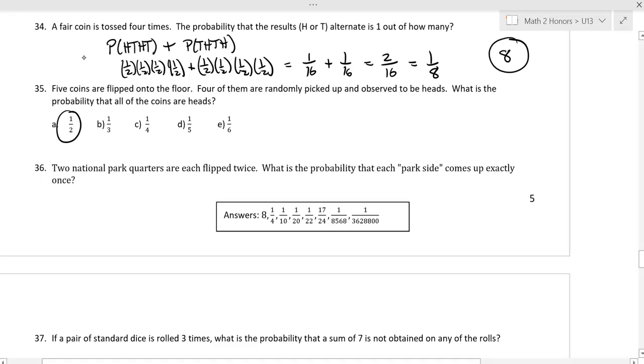This is equivalent to saying, hey, I'm flipping one coin twice. So you have 4 flips here. Your first, second, third, and fourth. And the first 2 flips come from coin 1, and the next 2 flips come from coin 2. Okay.